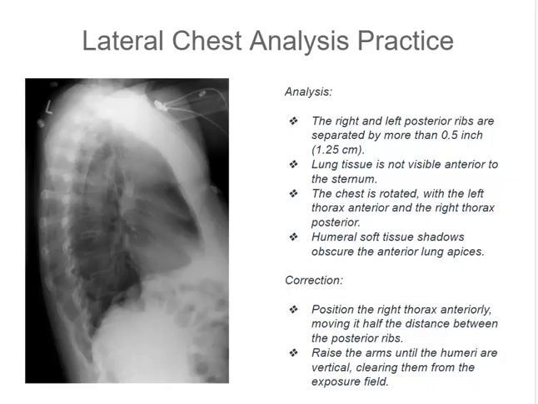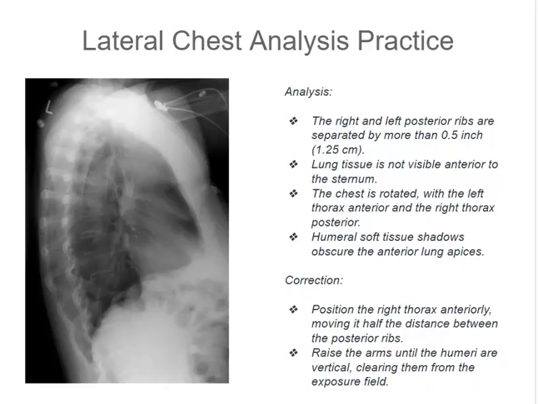Utilizing our three cues of looking for the gastric bubble, any soft tissue or lung tissue anterior to the sternum, or the heart shadow, the lung tissue in this case is not demonstrated anterior to the sternum, so that must mean that the right side of the thorax is rotated posterior.